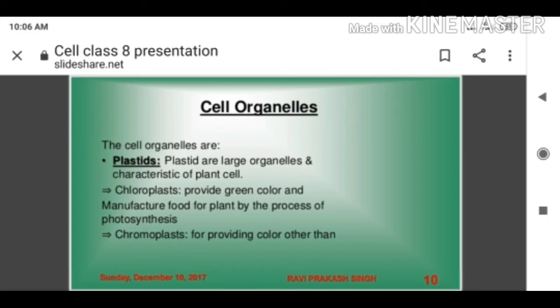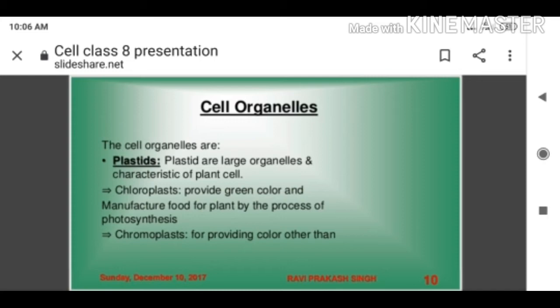Besides the nucleus, other cell organelles are also present in the cytoplasm, like plastids. Plastids are large organelles and characteristic of the plant cell. Plastids are present only in plant cells, and according to the pigment present, they are of three types: chromoplast, chloroplast, and leucoplast.